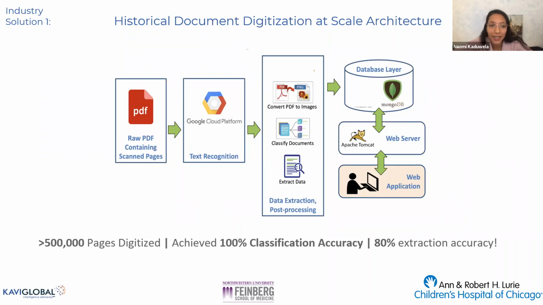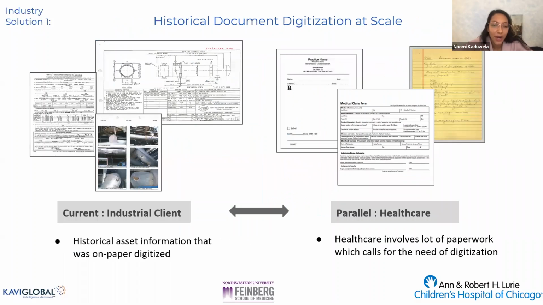Trishla, if you can just go back one slide. We wanted to share with you this historical data digitization solution that we built for an industrial client. Our client had thousands of assets in the refinery, or machines, and each of these assets had decades of information related to the specification, the performance, and the maintenance history that had been done on it.